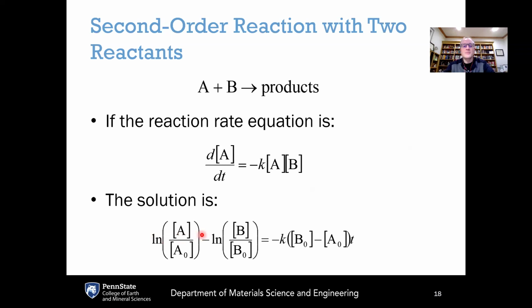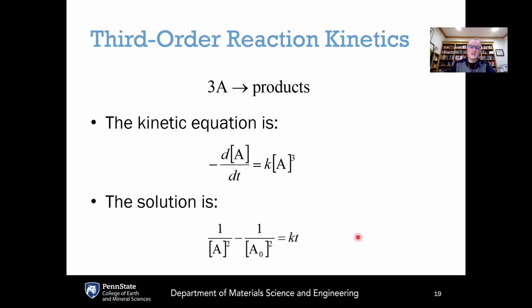So the logarithm of the concentration of A divided by the initial concentration of A minus the logarithm of the concentration of B divided by the initial concentration of B is equal to minus K, the difference between the initial concentrations of B and A, multiplied by time t. We can keep going.